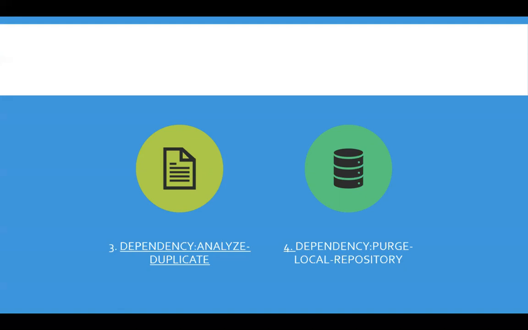We have discussed only four of the goals here, but there are many more. We have just discussed the common ones. There are many other goals which get used when you work with Maven as a build tool. And also when we get to discuss Gradle, we will see what extra or less Gradle provides us as compared to Maven regarding analyzing dependencies.